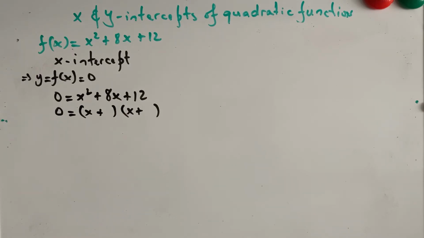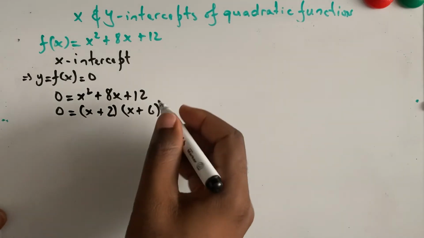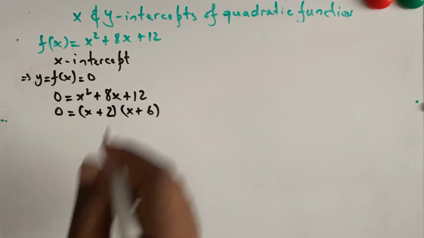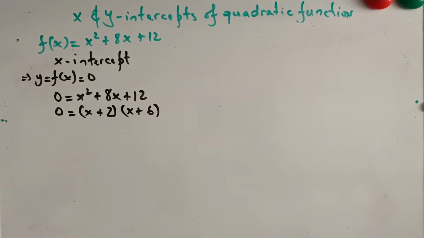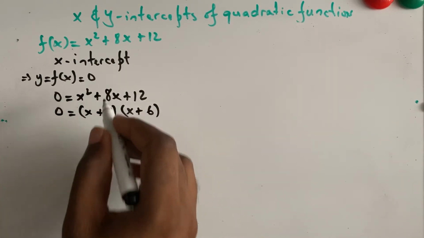That's 2 and 6, right? Because 2 times 6 is 12, and 2 plus 6 is 8, okay?